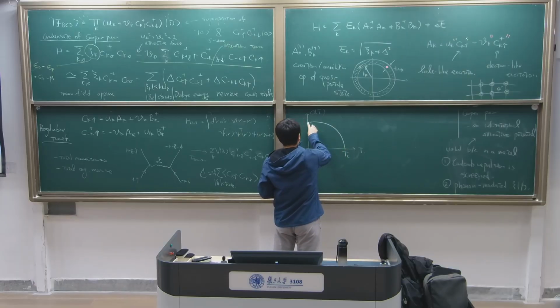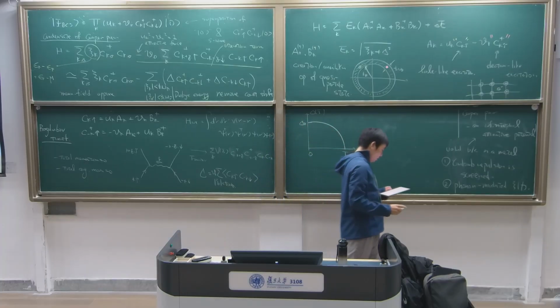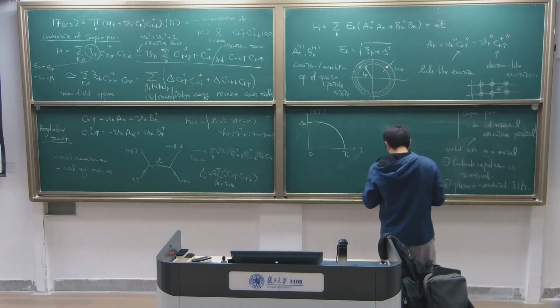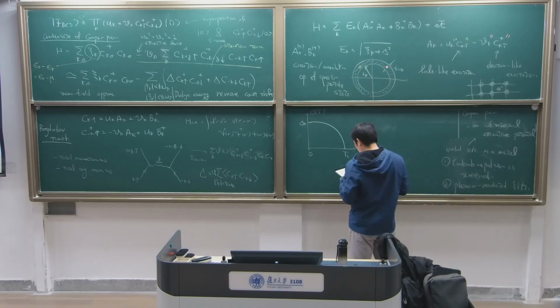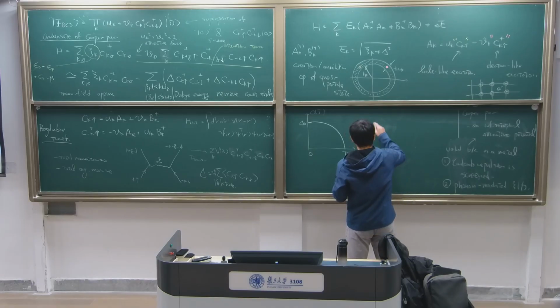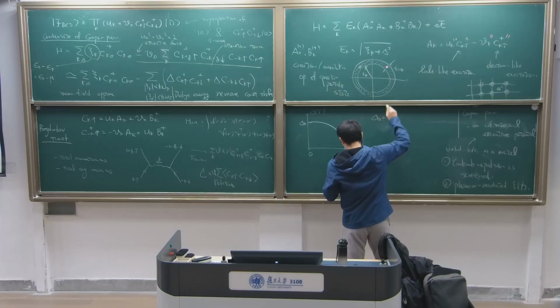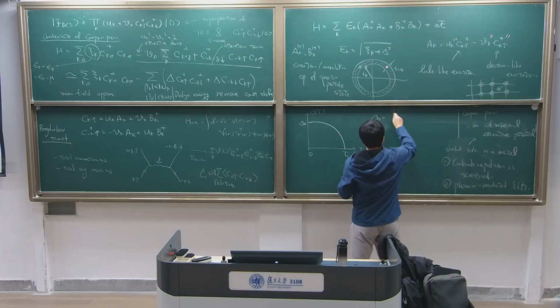And then here, this is equal to 0. And we derived this using the Fermi statistics. We derived delta naught divided by the critical temperature.